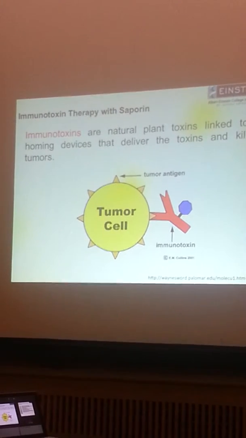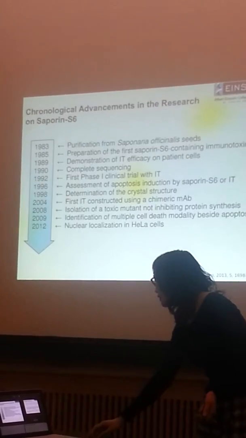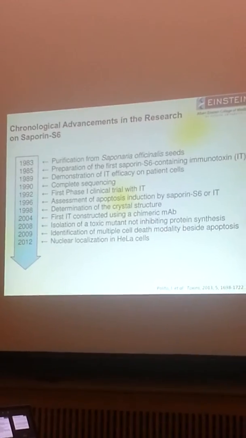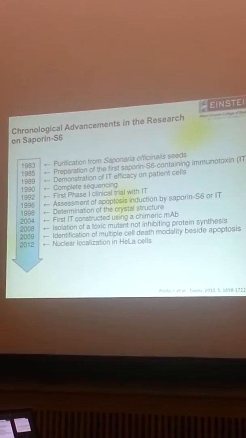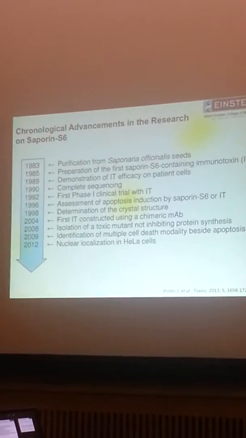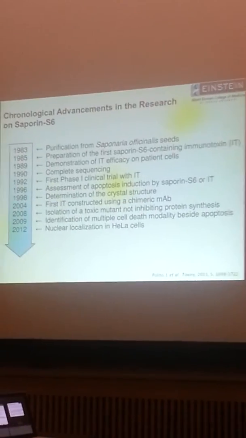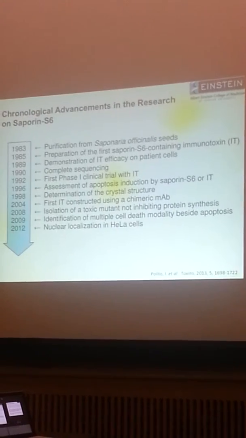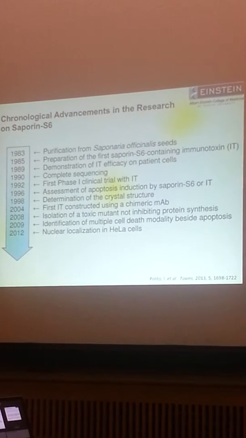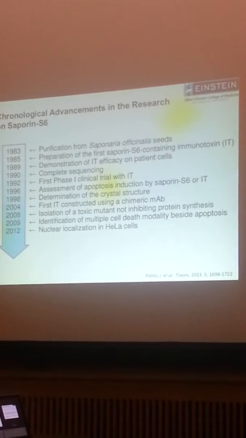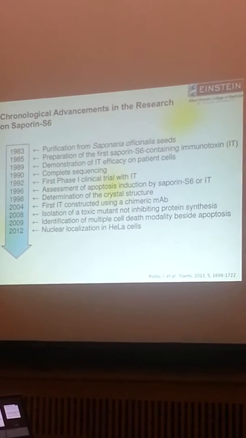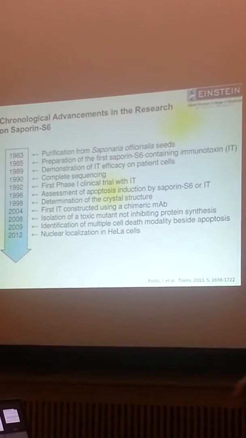A lot of studies have been reported, and the most commonly used is ricin A. Since 1983, ricin A has been purified from the seed, and in 1992 the first clinical trials were carried out. So far, a lot of clinical data have been reported about it.